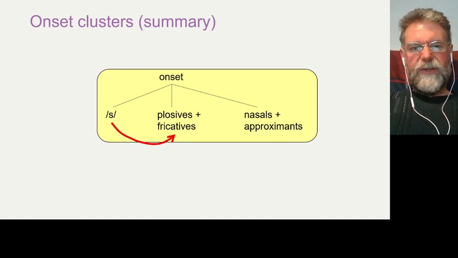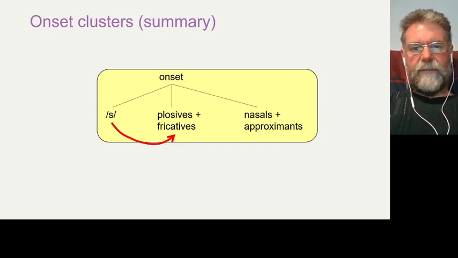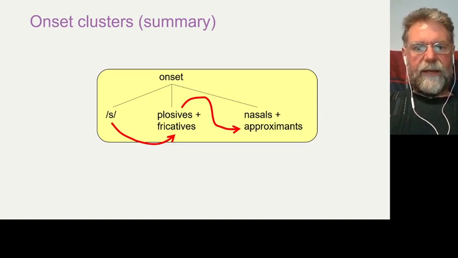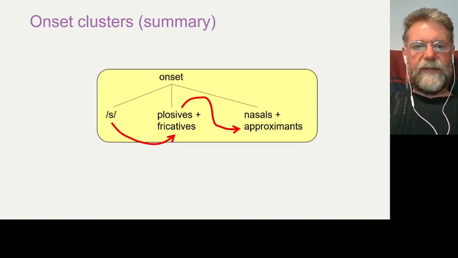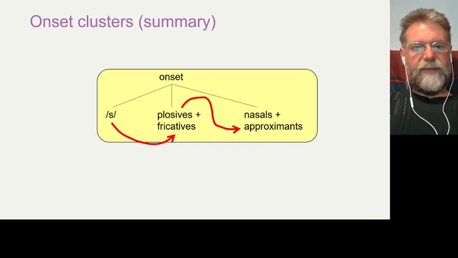As I said, there are restrictions. So s, for example, imposes a restriction of voicing on the elements in that second position, in as much as if s appears, only voiceless plosives and fricatives can appear in that second position. And we've seen plosives impose a non-homorganic restriction on the approximants that follow them, and fricatives also impose voicing restrictions on the approximants that follow those.